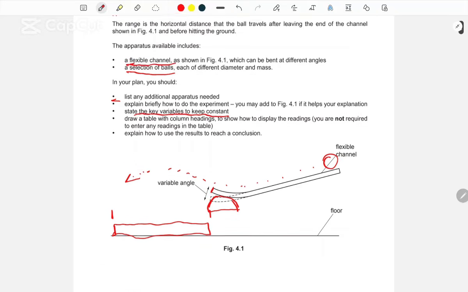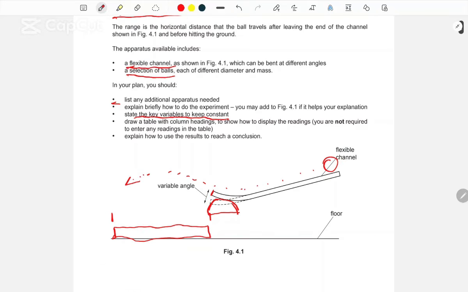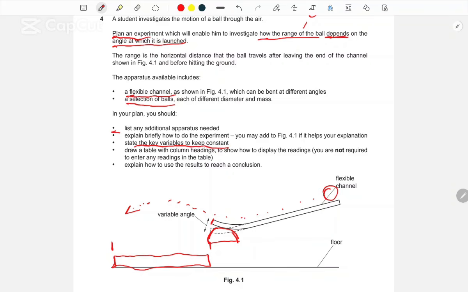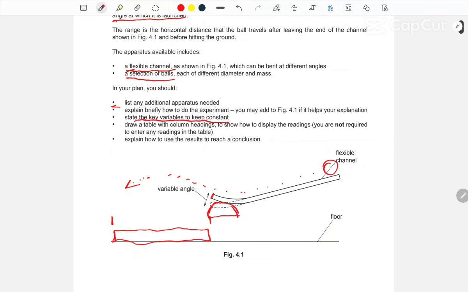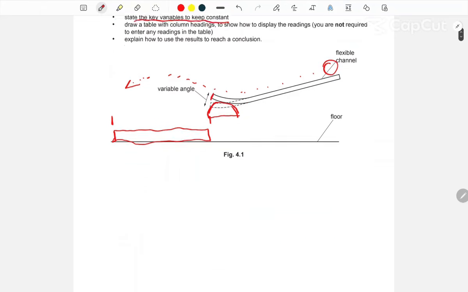And the second one, explain briefly how to do the experiment. You may add to figure 4.1 if it helps your explanation. So first we have to have an initial angle for the ball to be launched. And then we roll the ball across the flexible channel. And then after it has landed, we measure the distance between the ball and the end of the flexible channel.